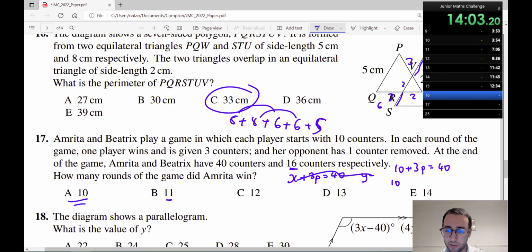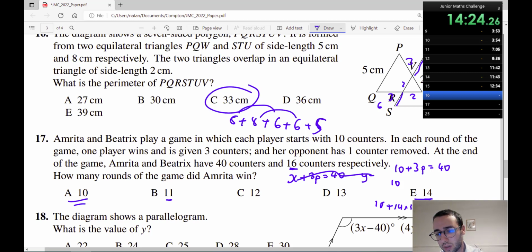No, if she lost 11, nah. Okay, if we go big, 10 plus 14 times 3 is 42, so that's 52.